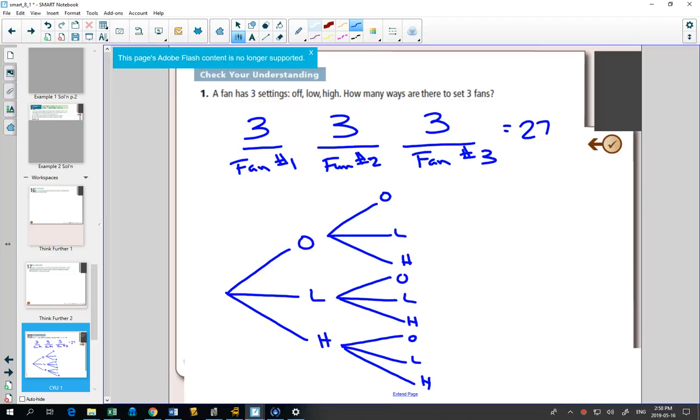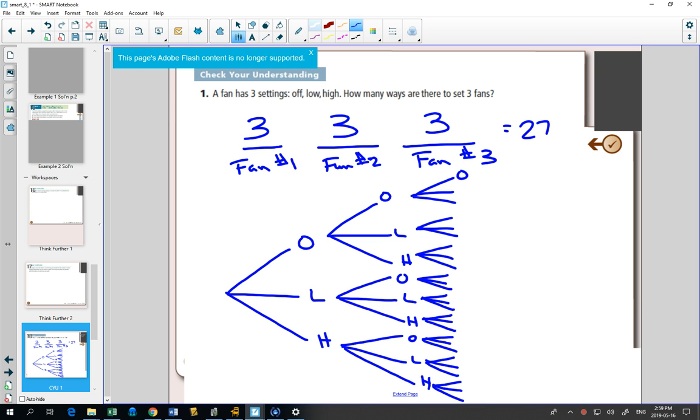And then I would have 3 choices. Oh my goodness. You see where the 27 comes in? Are you glad we didn't buy a 4th fan? O-L-H, O-L-H, O-L-H, O-L-H. Whew.